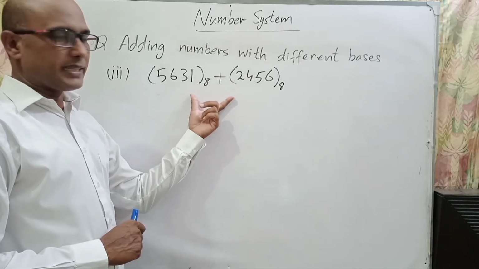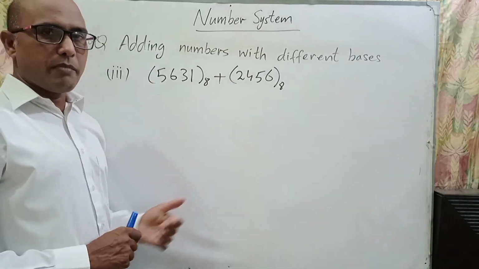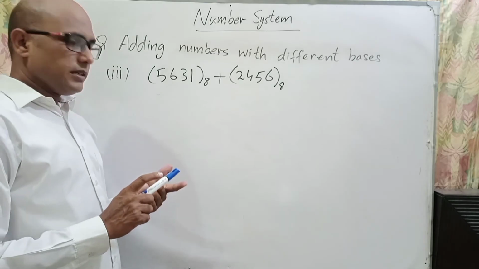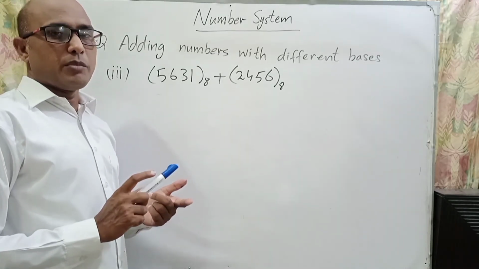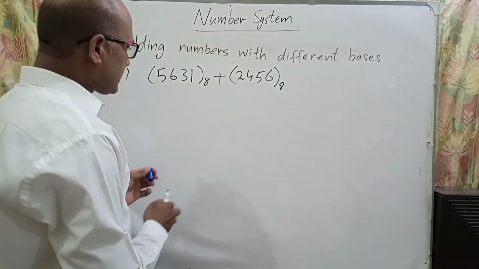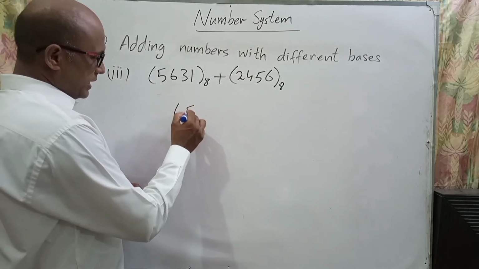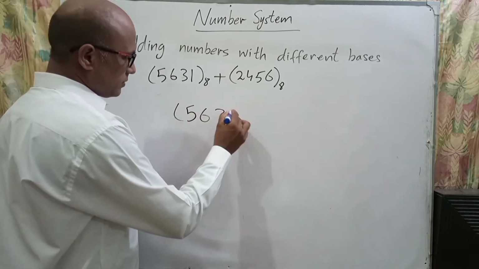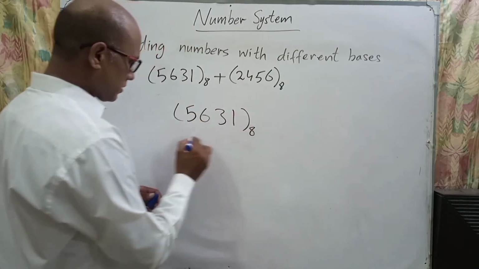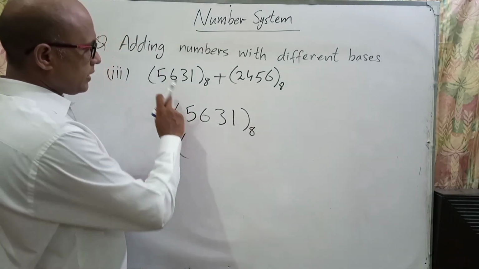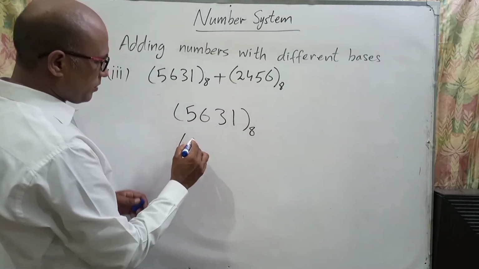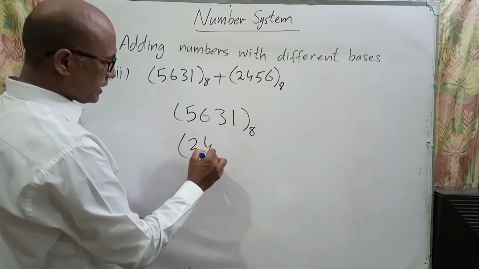We have to add them by the same method we have done binary numbers and the numbers with base 5. So let's add them with the same method. The number of digits are the same in both the numbers.